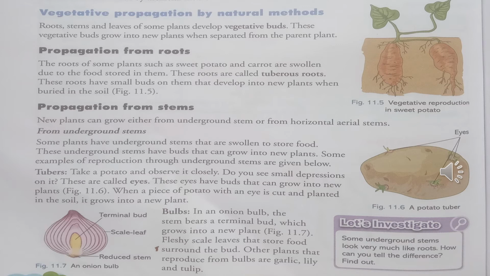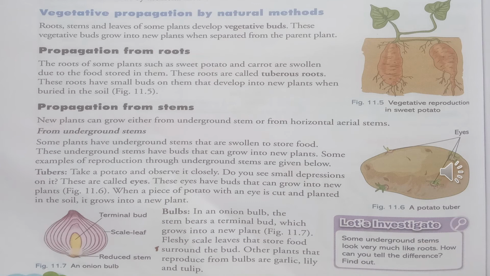When a piece of potato with an eye is cut and planted in the soil, it grows into a new plant. So you can see the new plant is growing from the vegetative part, which is the underground stem. This is called a tuber.